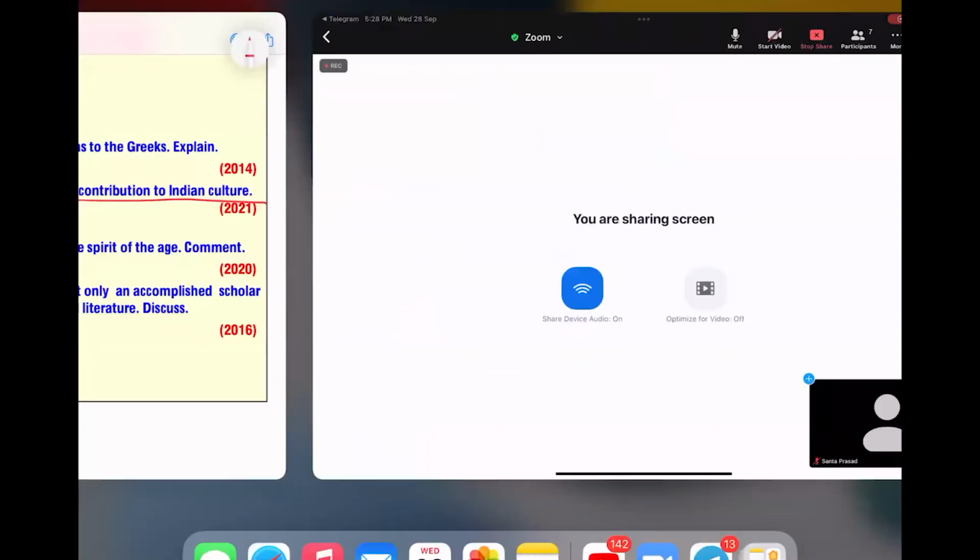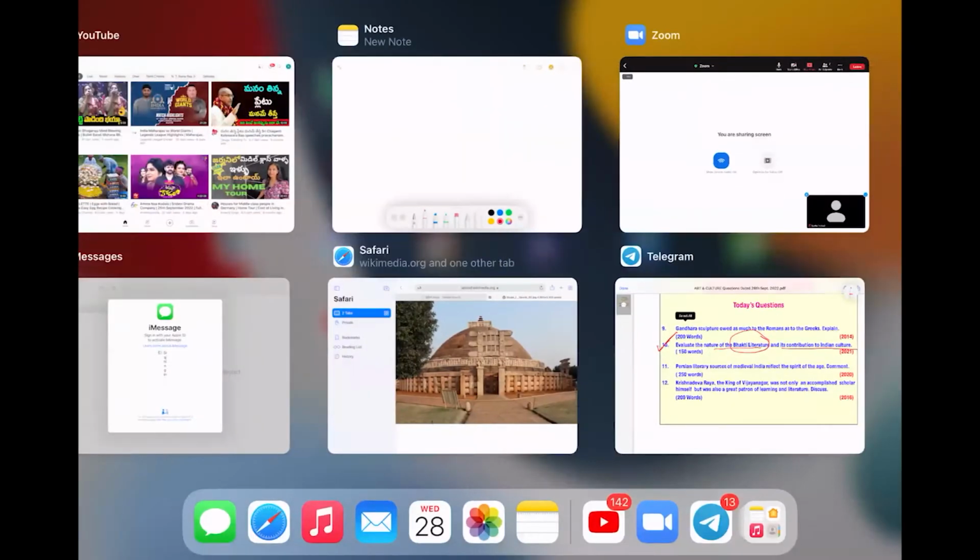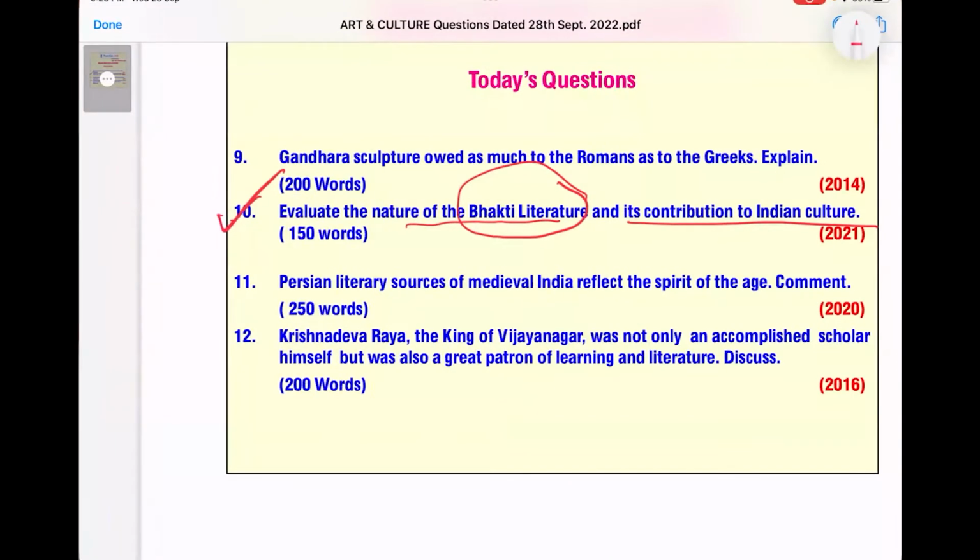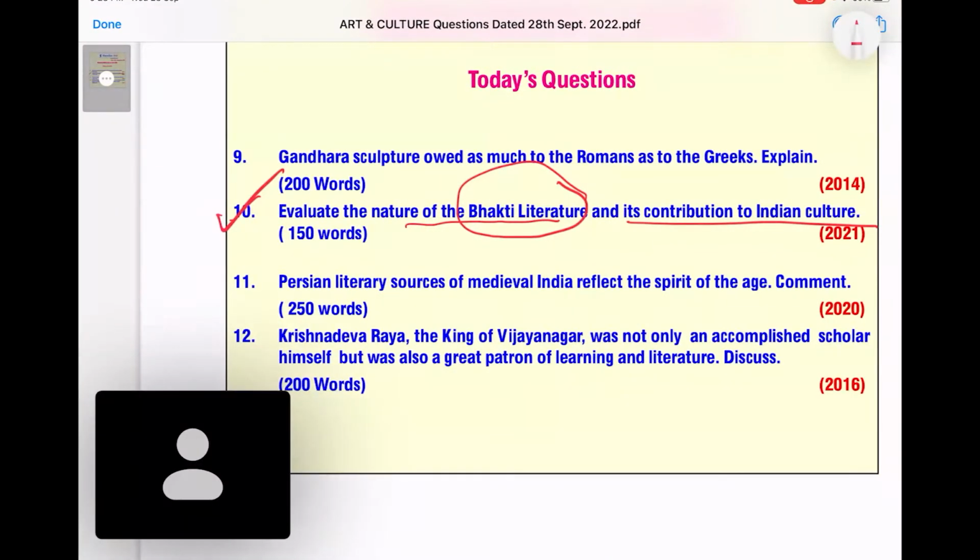Okay. So what is the question about? Evaluate the nature of Bhakti literature and its contribution to the Indian culture. Read it multiple times.